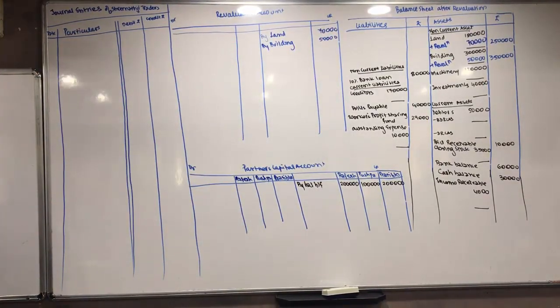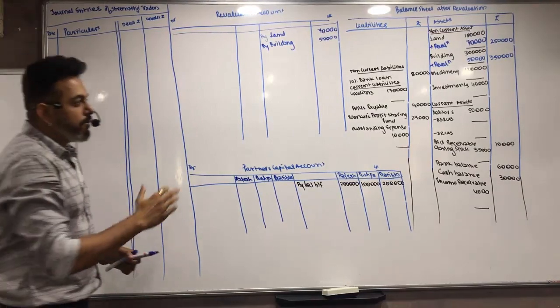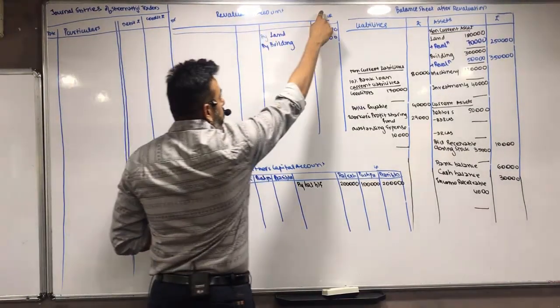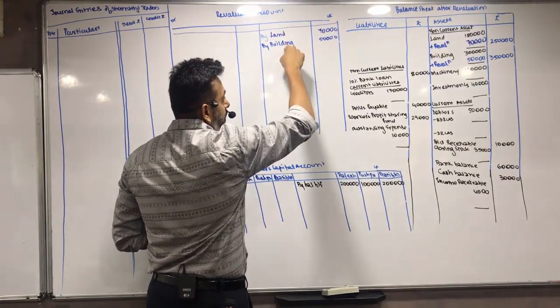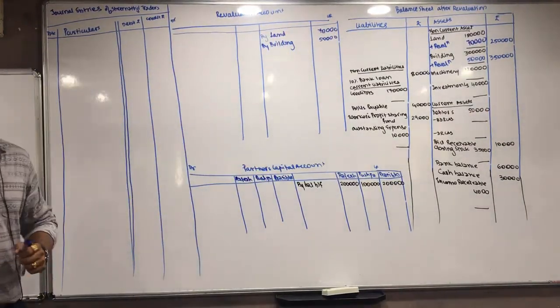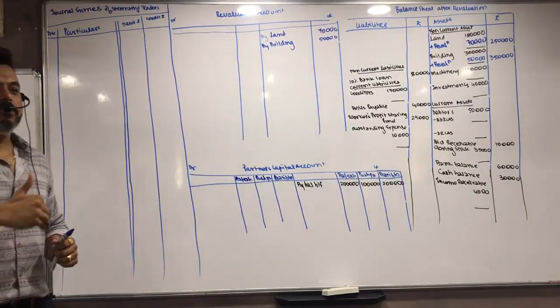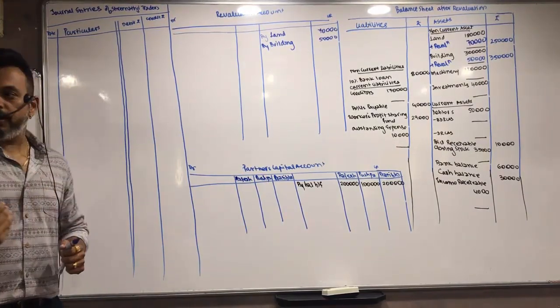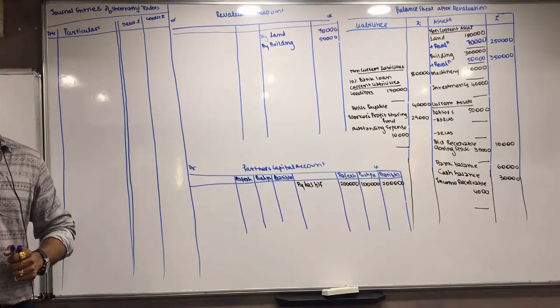Did everyone understand? Now, can you make the journal entry out of this? Revaluation account credit, land account debit, and building account debit. Understood this? Land's value increased, so we will debit land. Building's value increased, so building will also be debited.